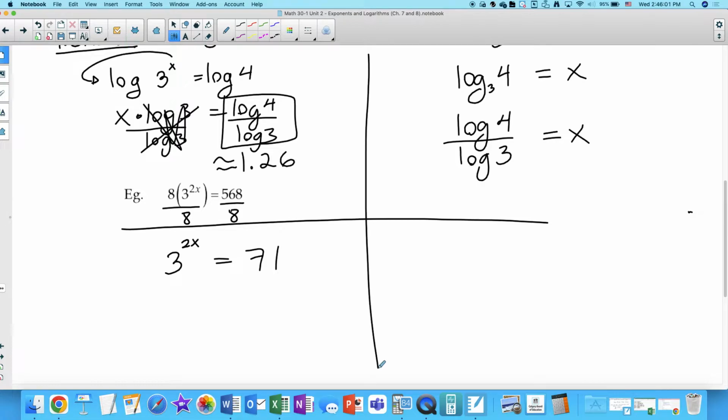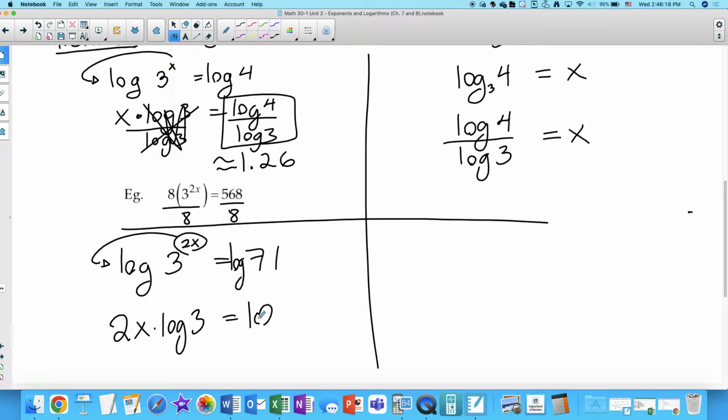Okay, so I'm just going to stick a log there and a log there. Okay, I can take this guy, pull it out in front. So I'll have 2x times log 3 equals log of 71.